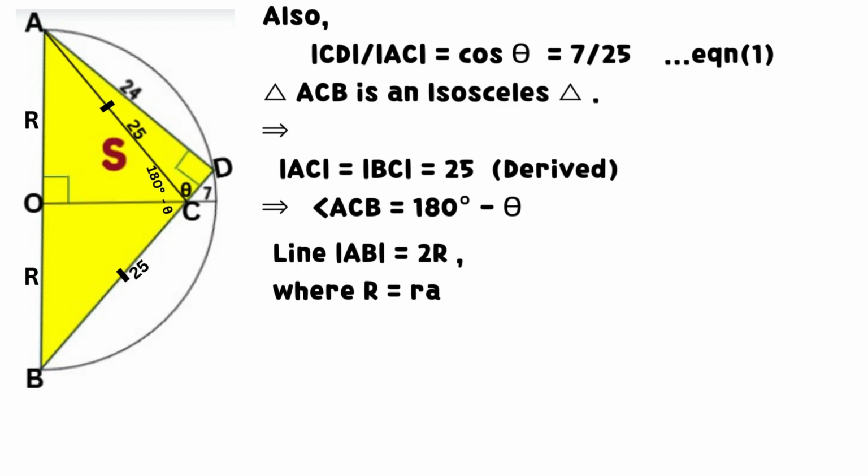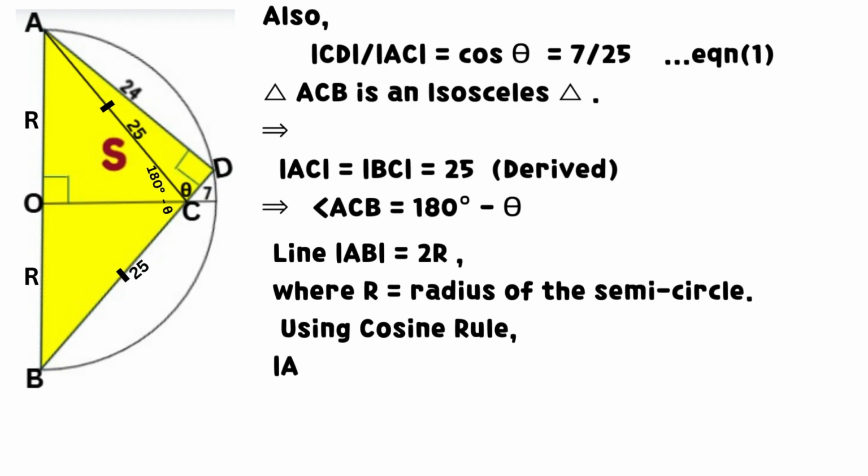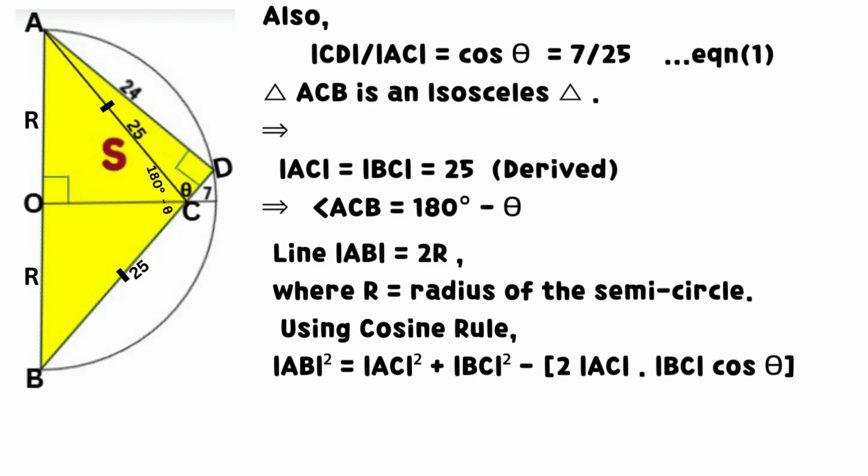Line AB equals 2 times r, where r equals the radius of the semicircle. Using the cosine rule, the square of line AB equals the sum of the square of line AC and the square of line BC minus 2 times the product of line AC and line BC times cosine theta.